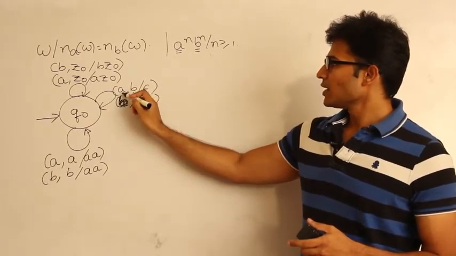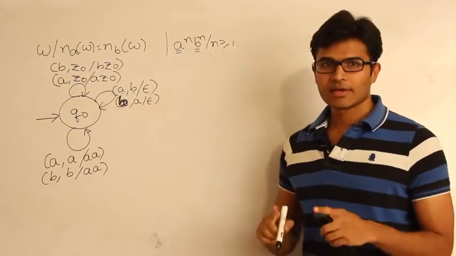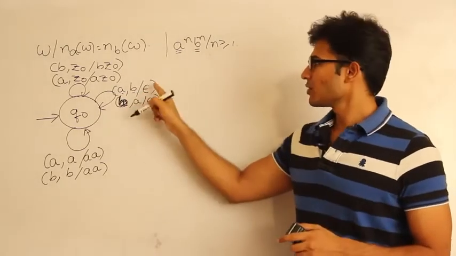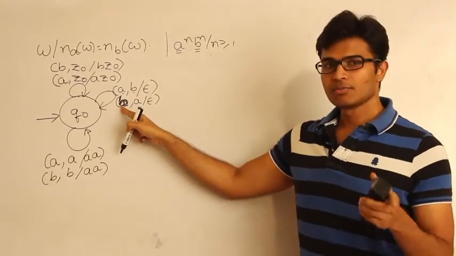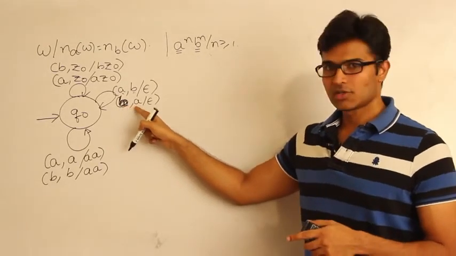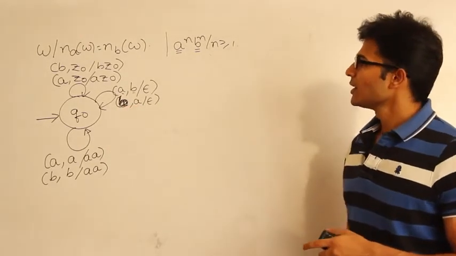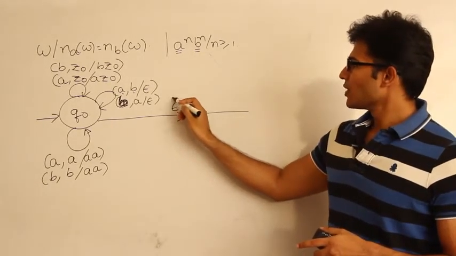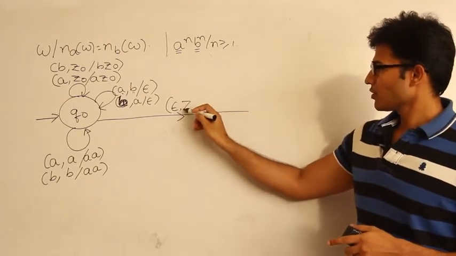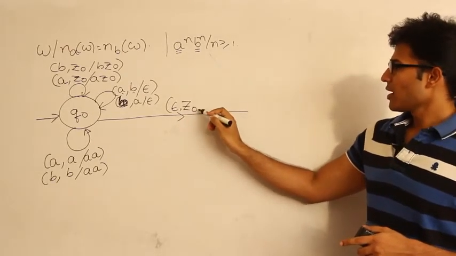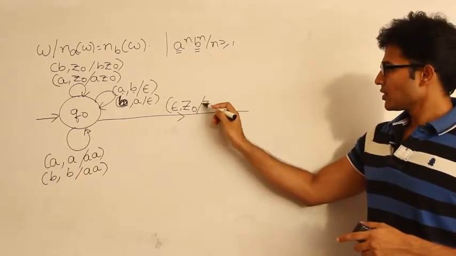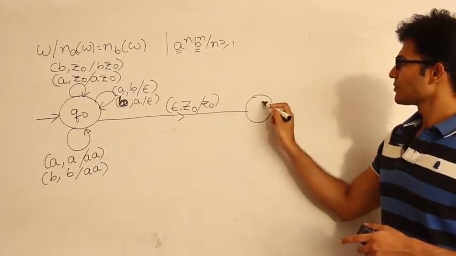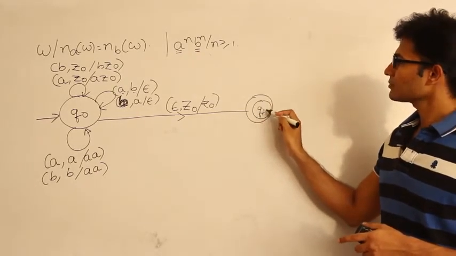So A in the input and B on top of the stack, there is a chance of matching, then you match. Or B in the input and A on top of the stack, there is a chance of matching, then you match. Finally, everything will be over, which means input will be over and top of the stack will be Z0, and you leave it as Z0 itself and you accept it in the final state.